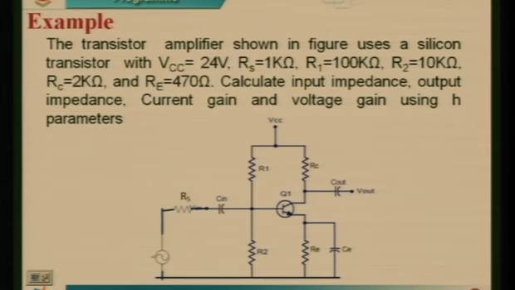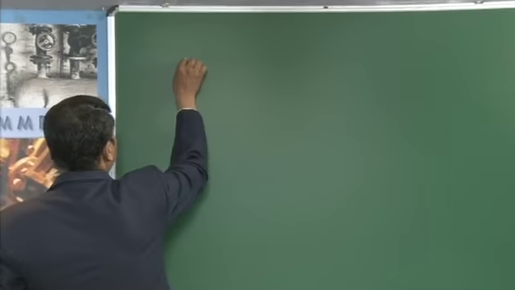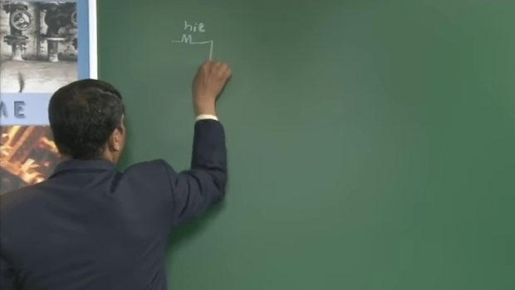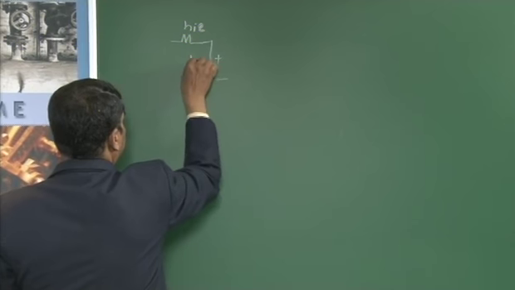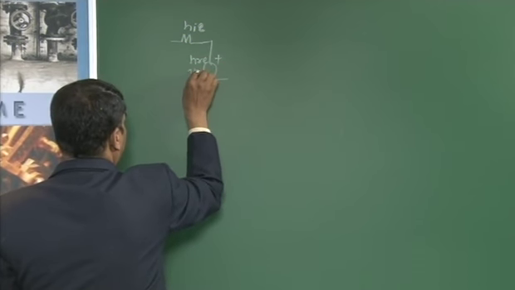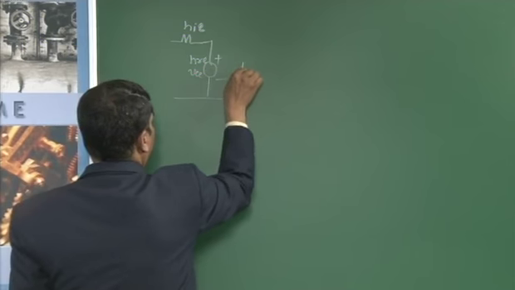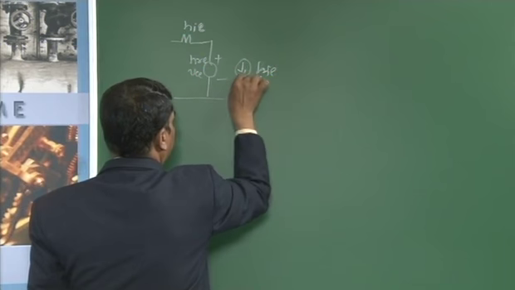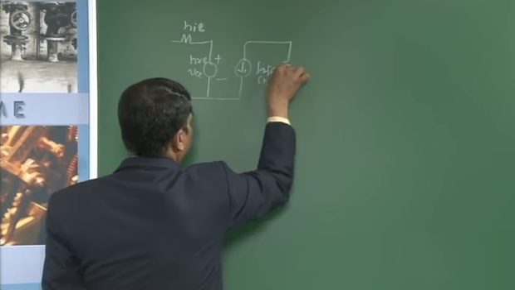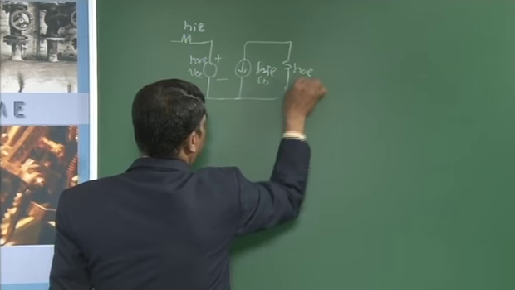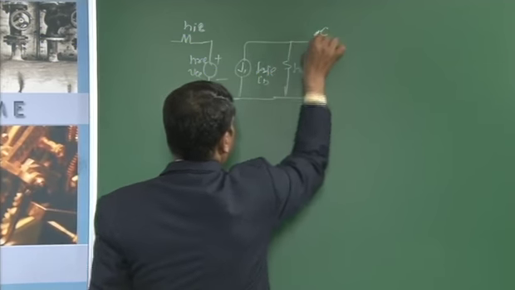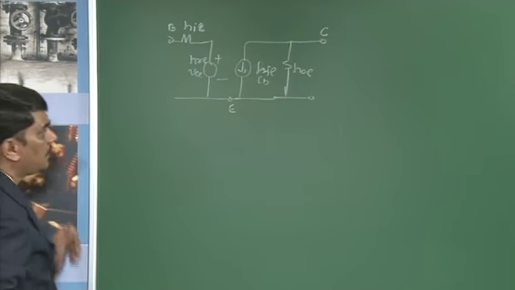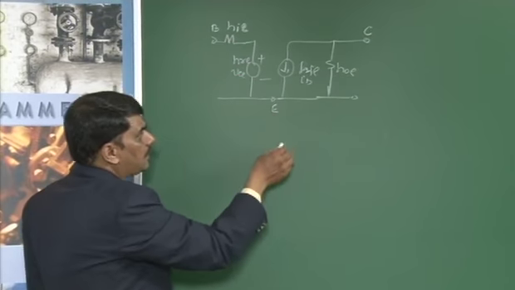Replace the transistor with its equivalent circuit, that is HIE, with a constant voltage source HRE times VCE, a constant current source HFE times IB, followed by HOE, and then this is the collector, emitter, base. For this circuit, you have to transfer the external components.